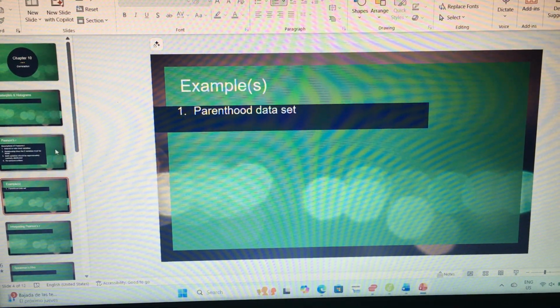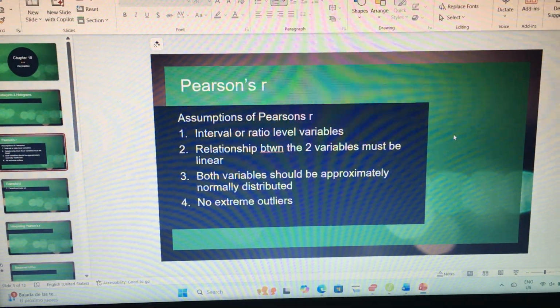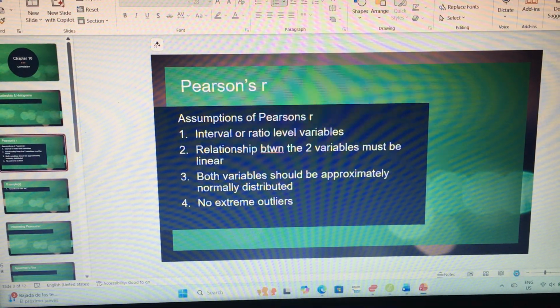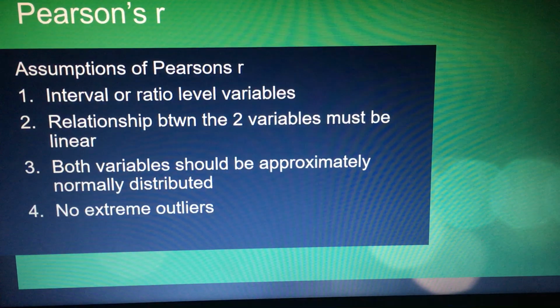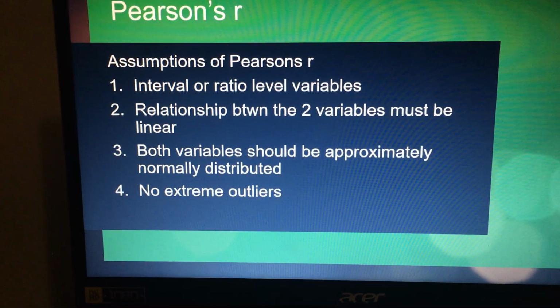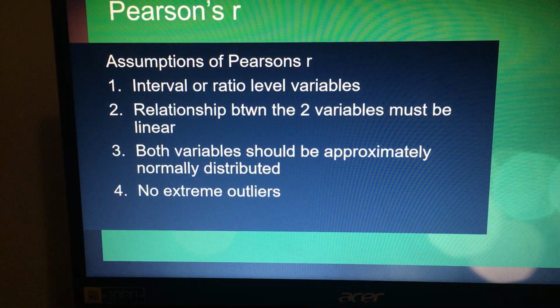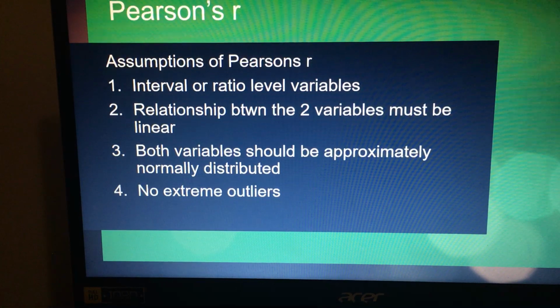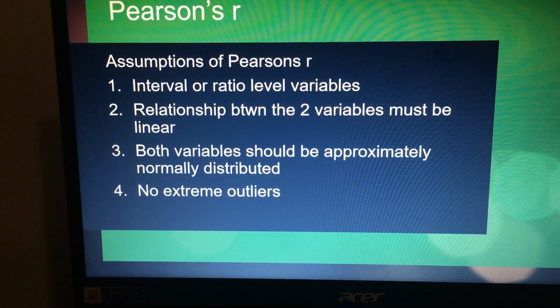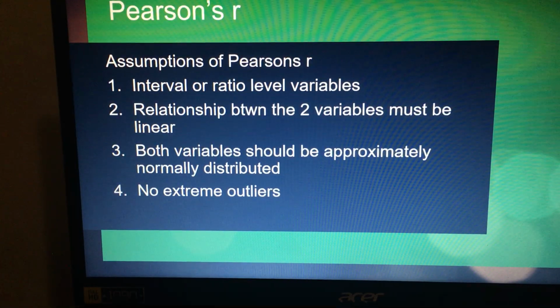Again, we're going to be talking about some math now, but we're still talking about Pearson's r. You can refer to your textbook, page 7, and go through it to see this math that we talk through really quickly.